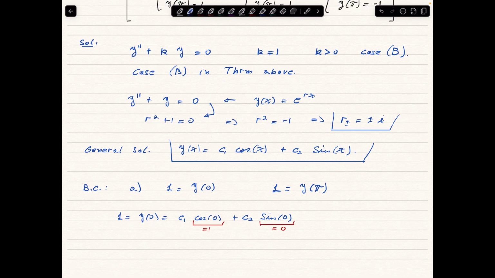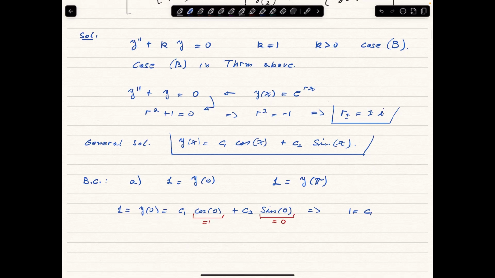So this equation is nothing more than 1 equals C1. We determine C1 with the first condition. The other condition is 1 equals the solution at pi. We should be able to find the other constant. So we have C1 cosine of pi plus C2 sine of pi.